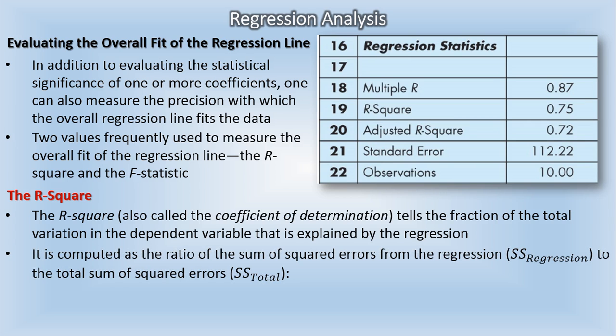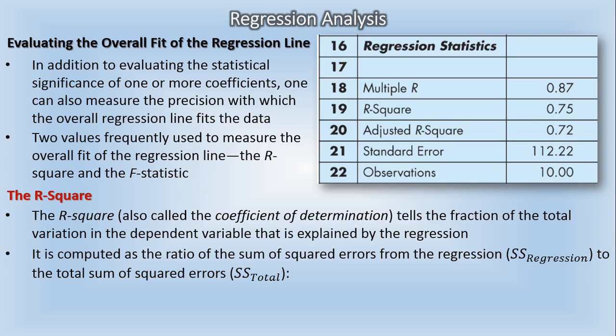It's computed as a ratio of the sum of squared errors from the regression to the total sum of squared errors. So there's a certain amount of variation in the quantity demanded that we observed in our data, right? We can add the points together, get an average, and then look at how much each point is deviating from that average, and that'll tell us how much overall variation there is in our dependent variable.